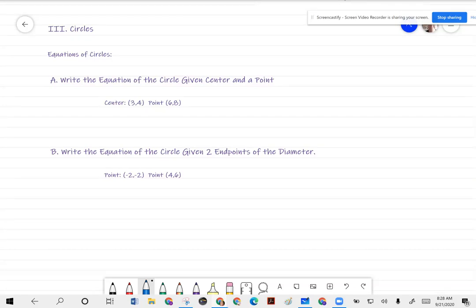Okay, so now we're going to talk about Roman numeral 3, which is circles. I'm going to talk to you about the equation of a circle. The general equation of a circle is (x - h)² + (y - k)² = r². The h and the k represent the center, and the r is the radius of your circle.